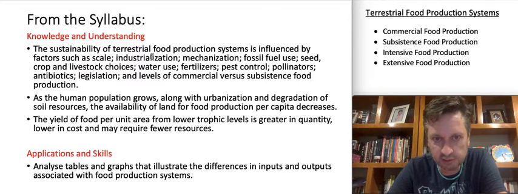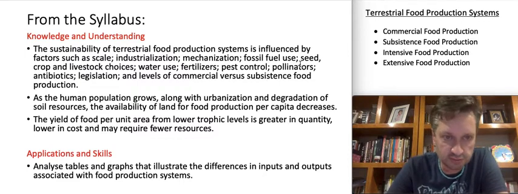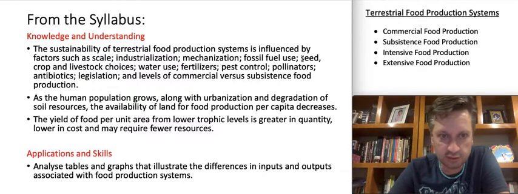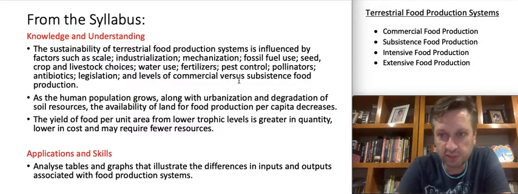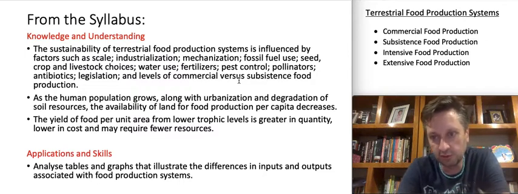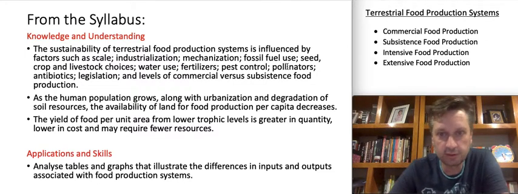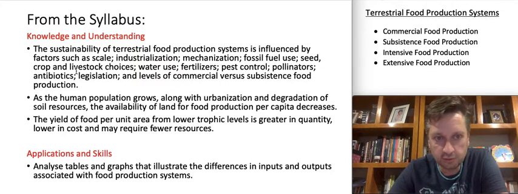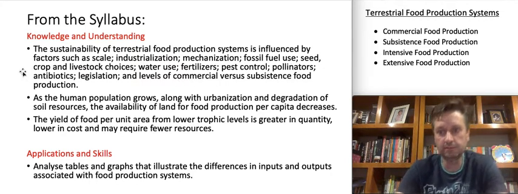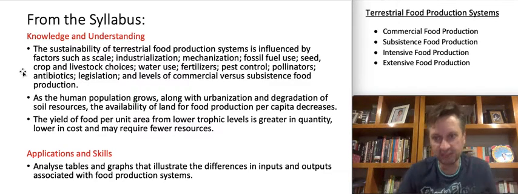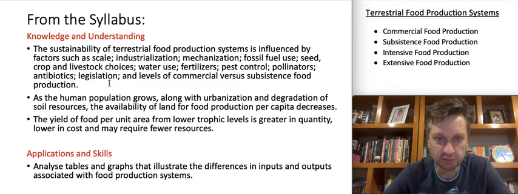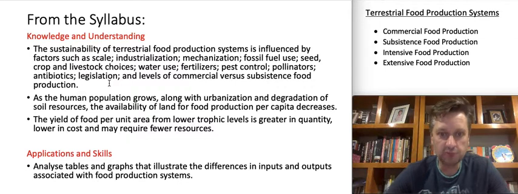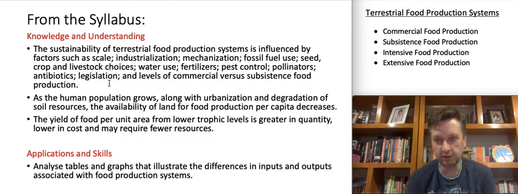Influences such as scale, the amount of industrialization, mechanization, use of fossil fuels, choices of seed and crops and livestock, use of water, use of fertilizer, use of pest control products, by that they mean herbicides and insecticides, effects on pollinators, use of antibiotics, which are drugs used to control bacterial diseases, generally in livestock, the application of legislation by different governments, and the levels of commercial versus subsistence farming in different places.